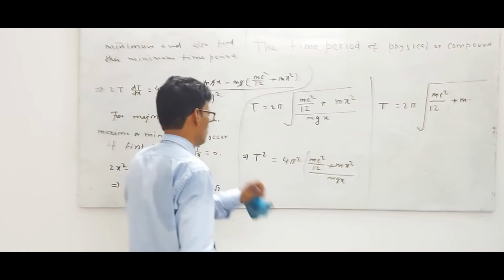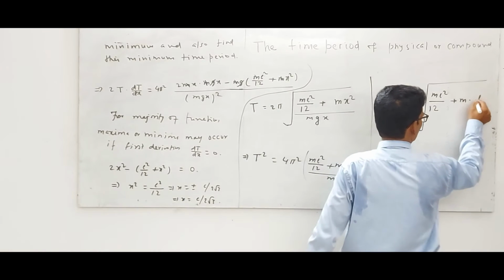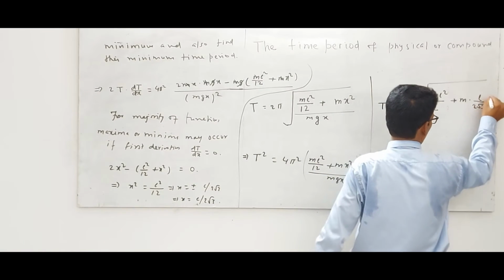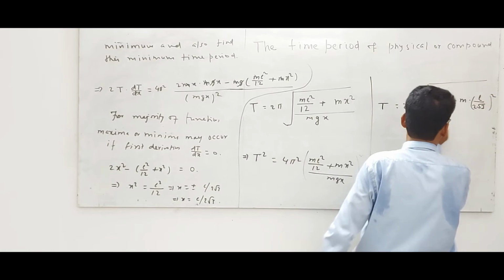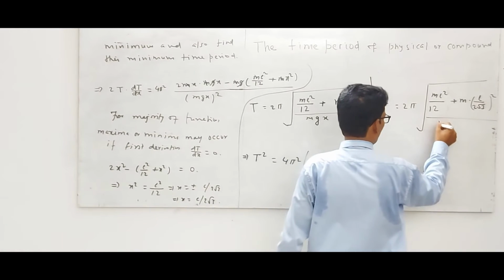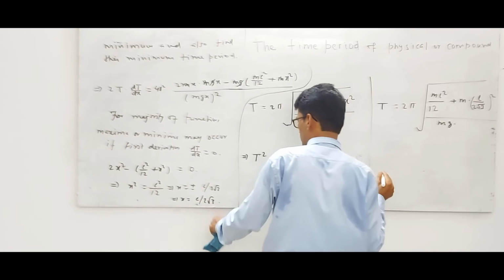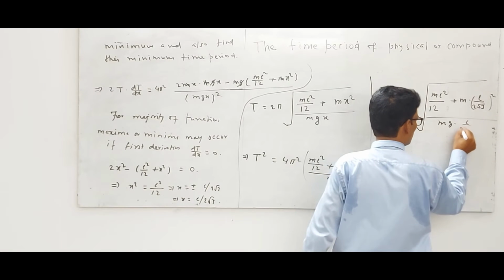L over 2 root 3. L over 2 root 3 whole squared, over mg x, and x is what? L over 2 root 3.